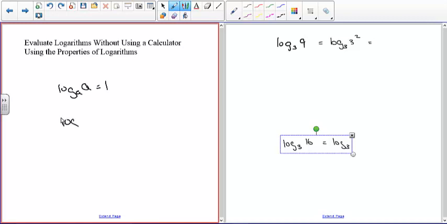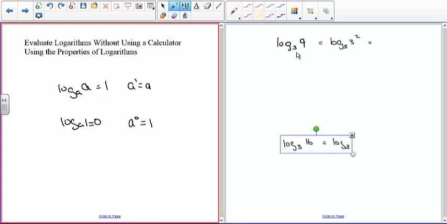The log to the base a of 1 equals 0. So the log of 1 in any base is 0. That's because a to the 0 power is always 1, so it doesn't matter what a is. It can be a variable. And a to the first power equals a. So those are those two things.